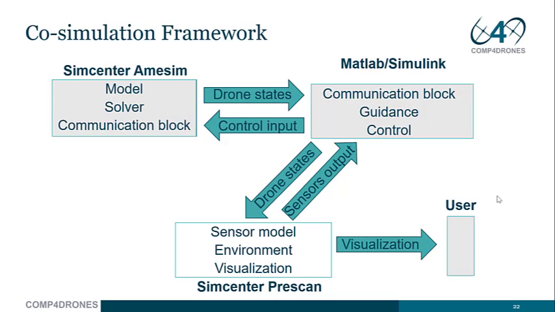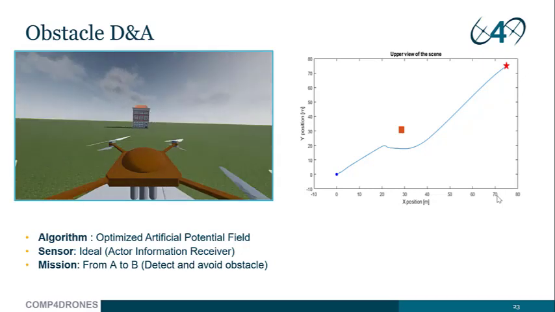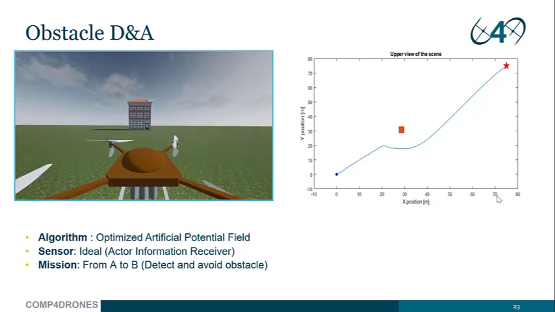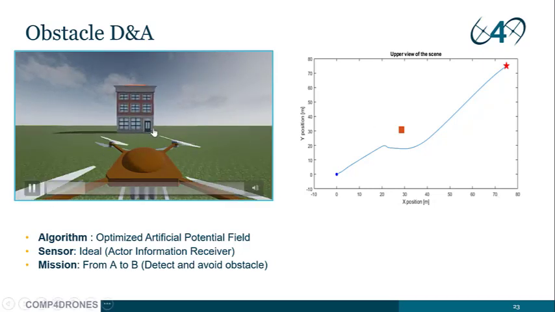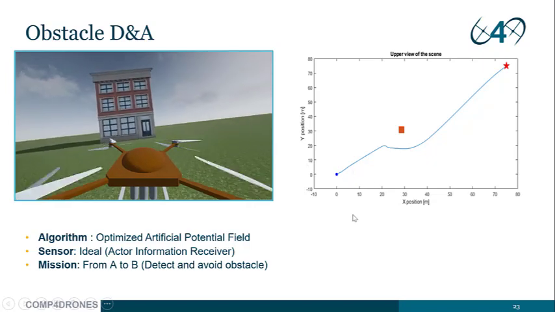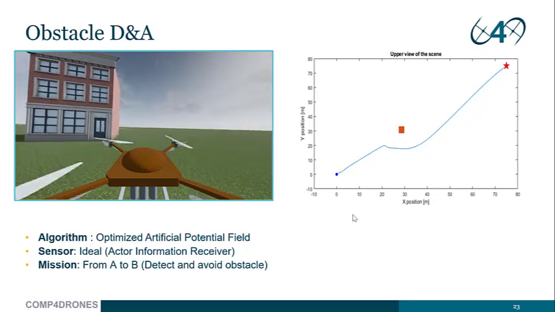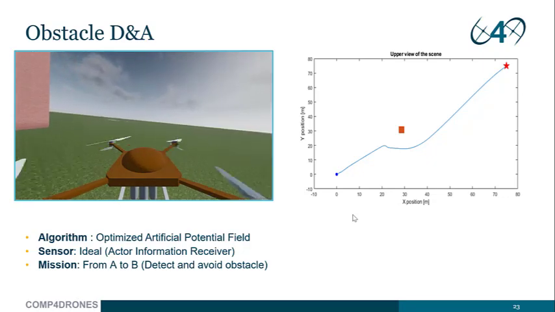executed. Here there is an example of a detect and avoid maneuver. So we have a drone that is flying simply from a point A to a point B. You have here the video on the left, and on the right you see the upper view of the scene. So during the trajectory, which is supposed to be a straight line, we placed a building in the middle.